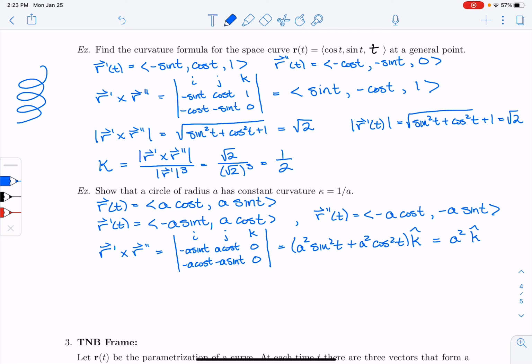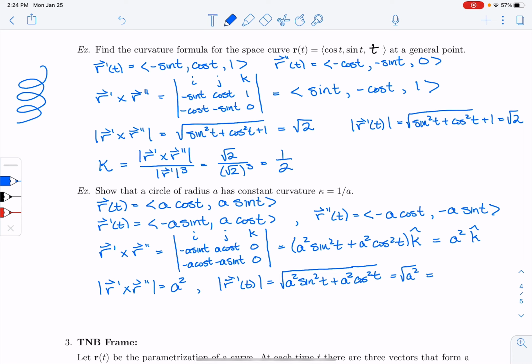Now, we're going to do the magnitude of that as well, so the magnitude of r prime cross r double prime then is just simply a squared. Okay. And then the magnitude of r prime of t on its own is going to be the square root of a squared sine squared t plus a squared cosine squared t, which of course adds to a squared, so it's the square root of a squared, which is a.